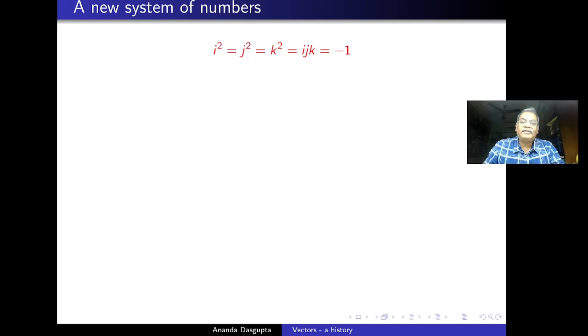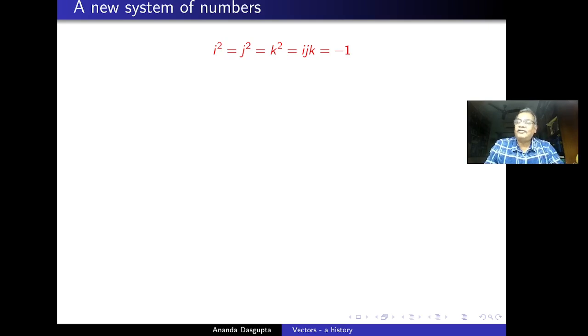So this result that we have, that (ijk) squared is -1, actually is (ij) times k squared is -1. But because you can remove the brackets or place the brackets anywhere you want, we can also say that this is the same as (ijk) times k.